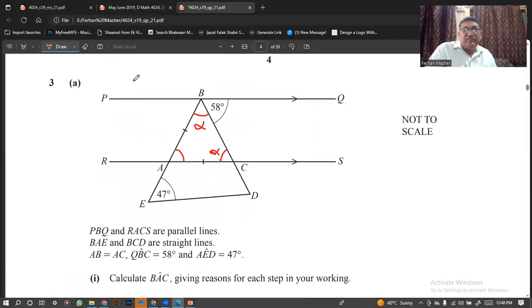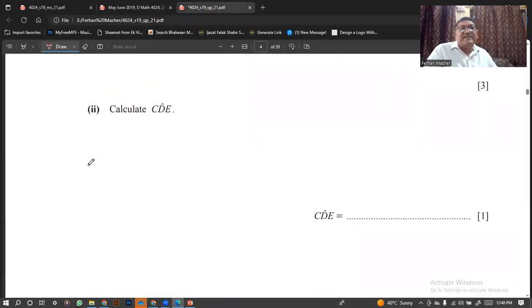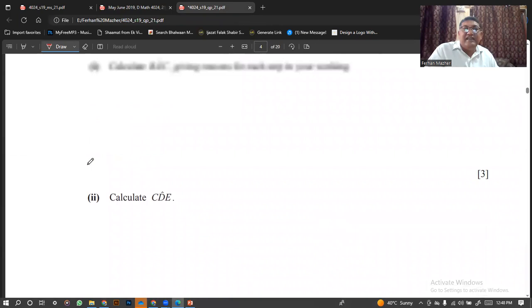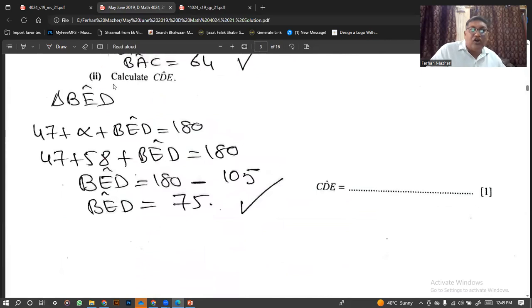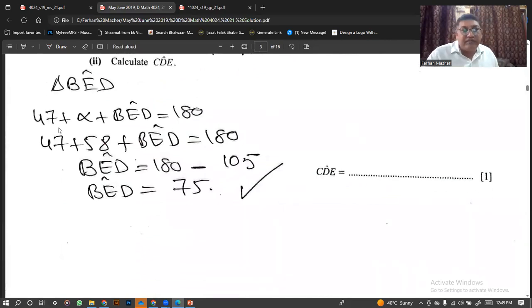This is the solution. Okay, we are going to the next part, and he says calculate the CDE. Now they want us to find out this angle. If you look at this big triangle, BED, this angle is 47, this angle I want to know, and this angle is 58. So I know these angles, and I can calculate this angle. The sum of the internal angles of our triangle is 180.